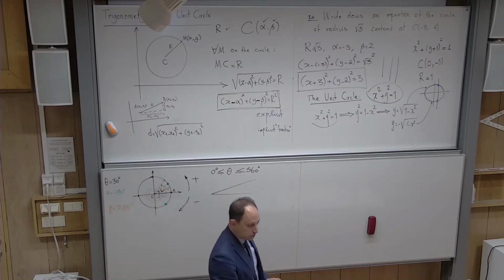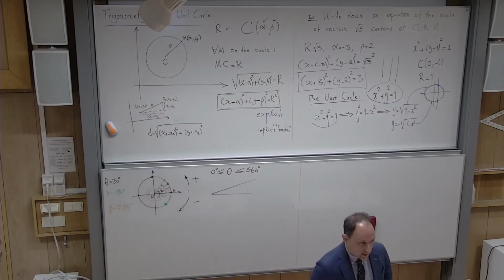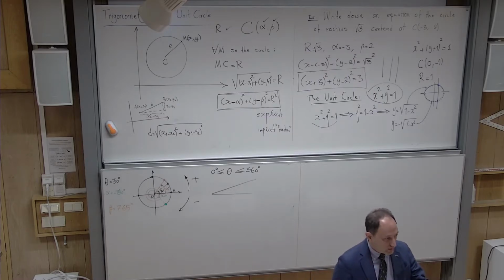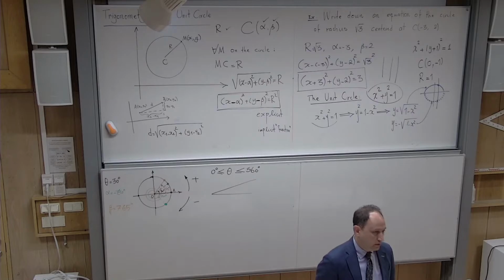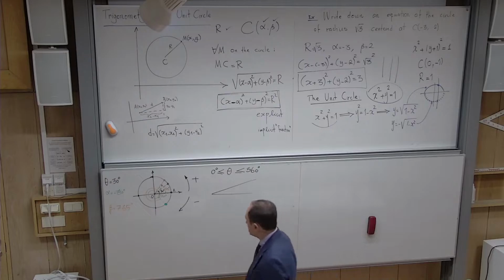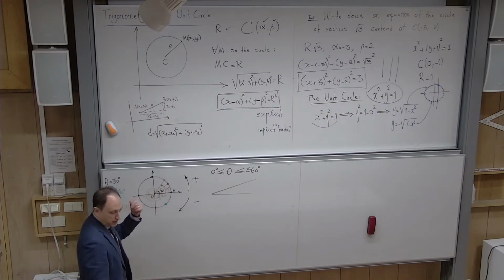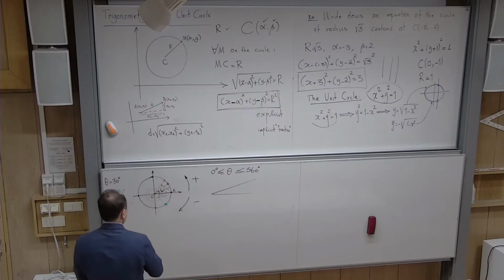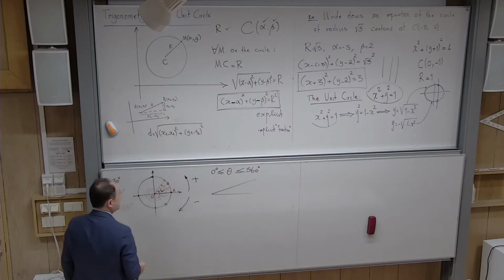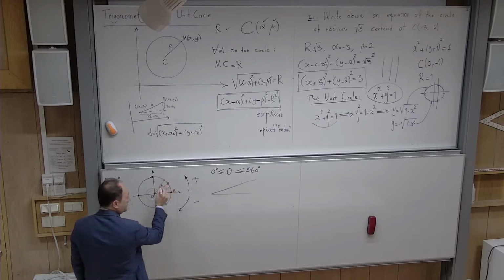Okay? So remember that every point on the unit circle has unique x and y coordinates, but doesn't have a unique name for it. Yes? For example, if I insist on giving a name for this point, one name for this is 30 degrees.